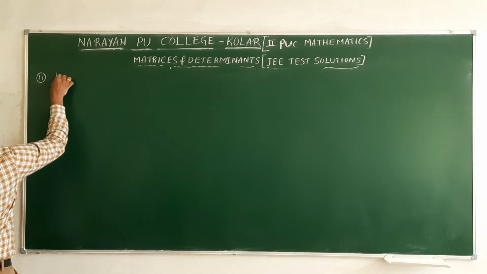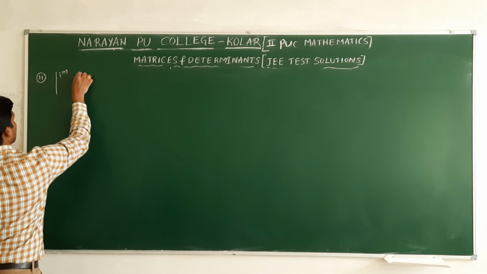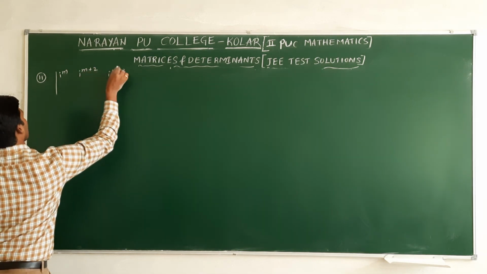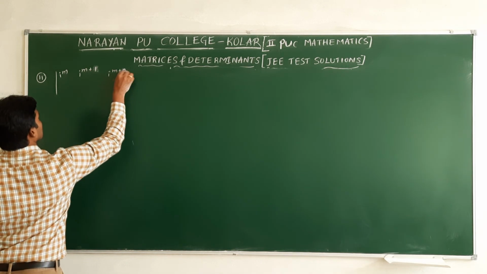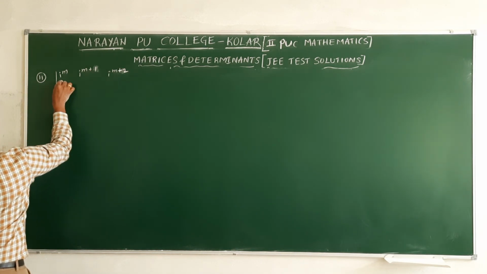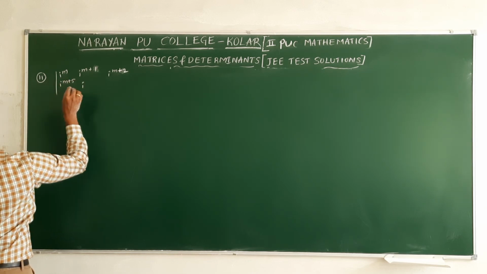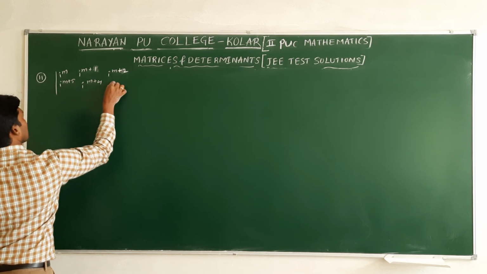Determinant of i power m, i power m plus 1, i power m plus 2, i power m plus 3. So m plus 1 only here. Second row, i power m plus 5, i power m plus 4 and i power m plus 3.